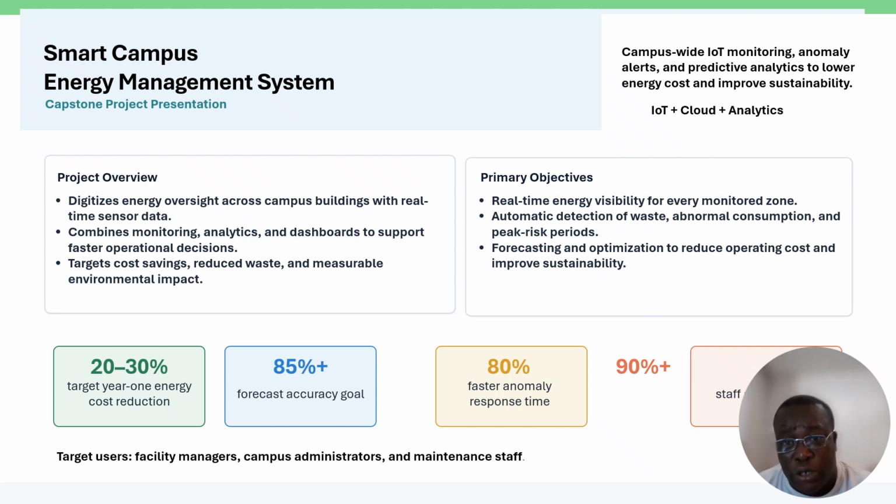My target goal is to reduce the energy cost by 20 to 30%, and plan for the rest. So that's the main objective of my capstone project.